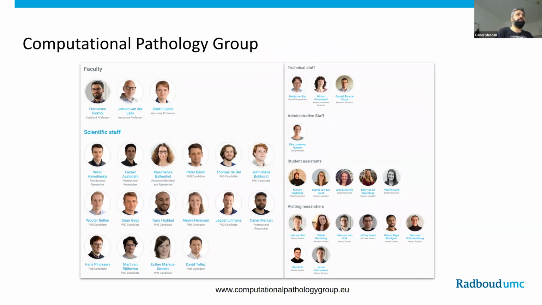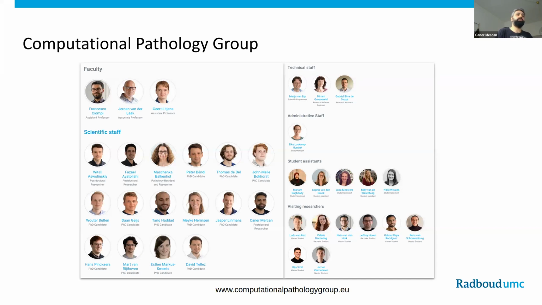We have 3 faculty members leading the research and 15 plus PhD candidates and postdoctoral researchers in the department. We have some technical staff to deal with the technical stuff, and a study manager for data management, student assistants for annotation tasks, as well as visiting researchers, currently mainly comprised of master's students. And it's also growing quite fast.